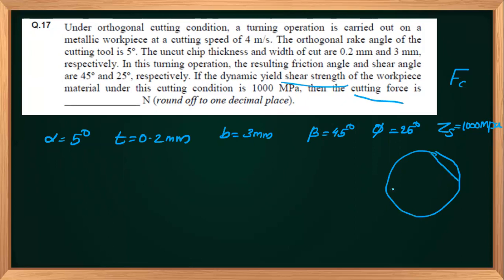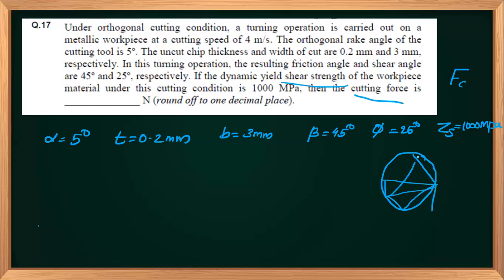This is my Fs, this is my F. Excuse me, let me redraw it. So this will be my resultant, and this is alpha. This needs to be joined to this.